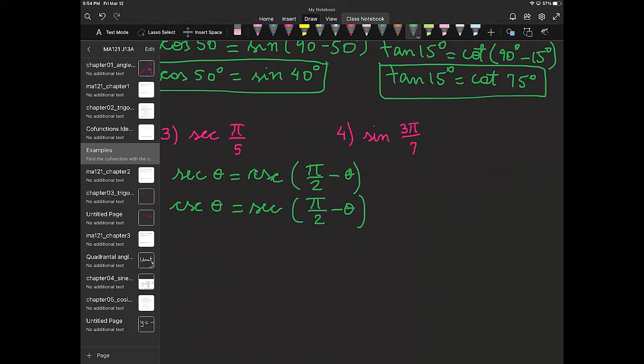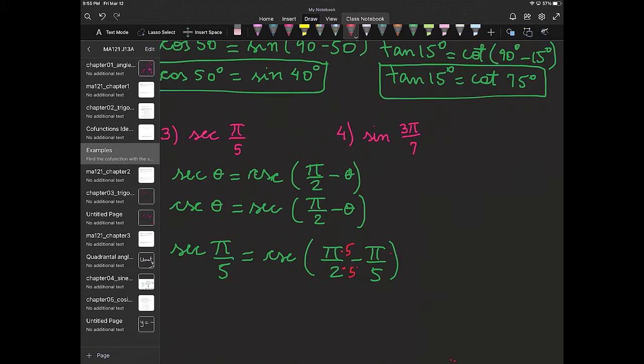Because we have to write secant of pi over 5 in terms of its cofunction, we use the first equation. So secant of pi over 5 is equal to cosecant of pi over 2 minus pi over 5. We now have to subtract pi over 2 minus pi over 5. The LCD is 10. So we're going to multiply the first fraction by 5, top and bottom, so we get the denominator 10.